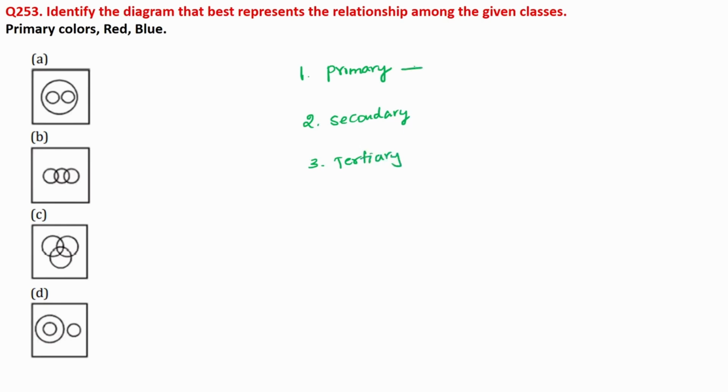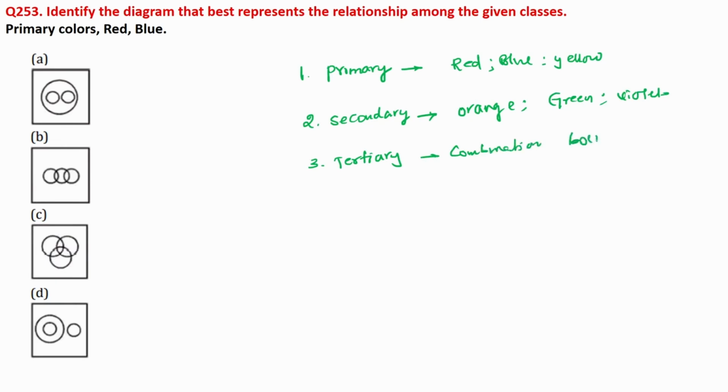See, primary colors are red, blue, yellow. These three colors are primary colors. And the secondary colors are orange, green, and violet. Tertiary is a combination of both primary and secondary. So a combination of both colors is a tertiary color.